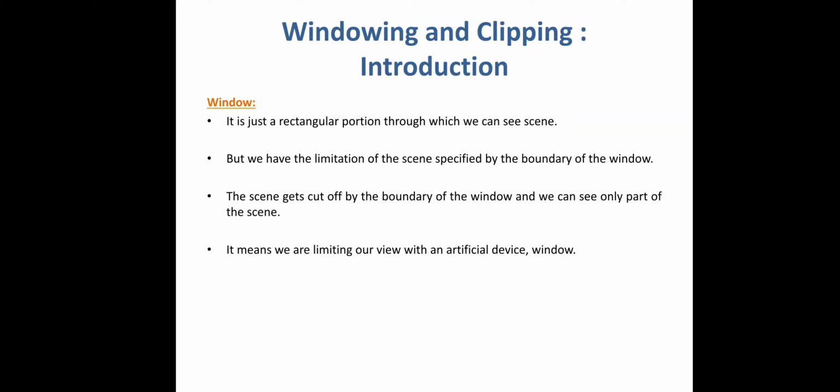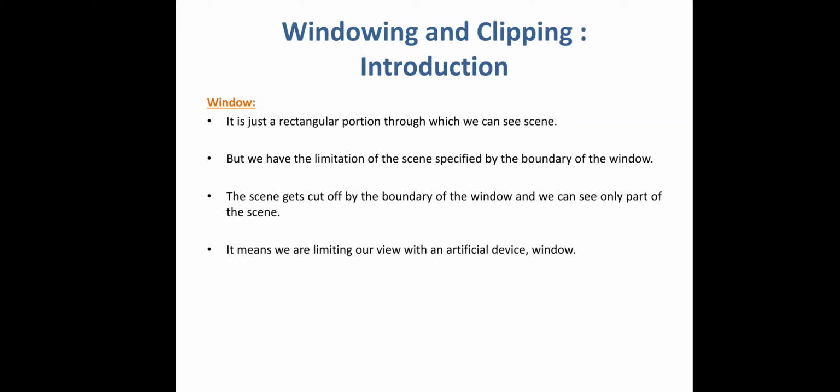But we have a limitation on that scene, specified by the boundary of the window. Because of the boundary of the window, only some part of that particular scene is visible. The scene gets cut off by the boundary of the window, and we can see only a part of the scene, not the whole scene.